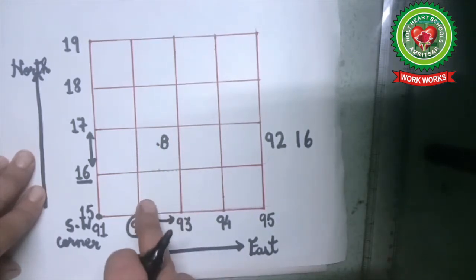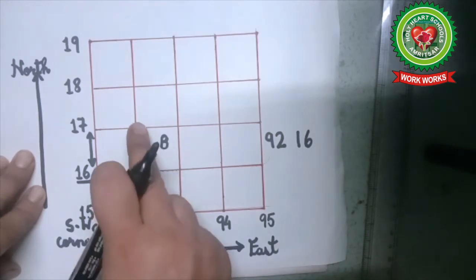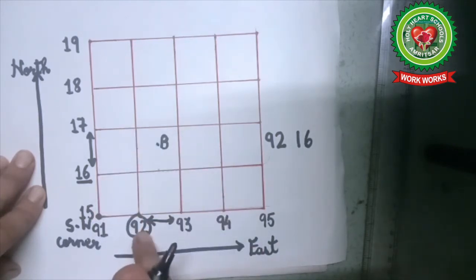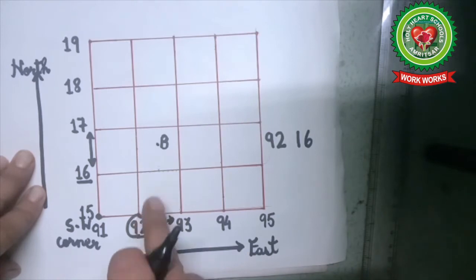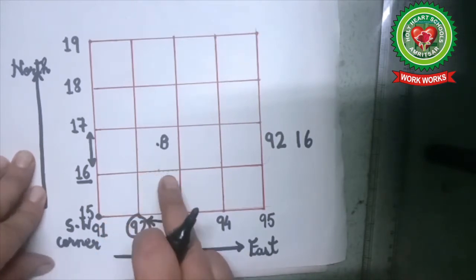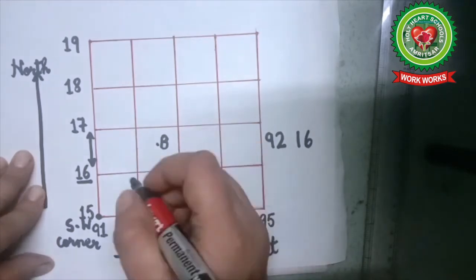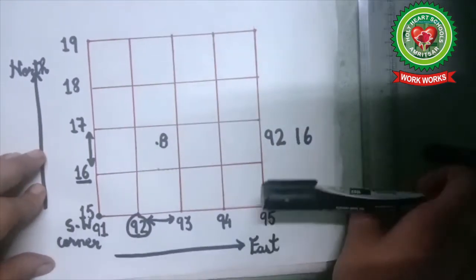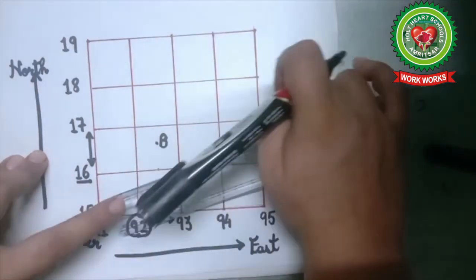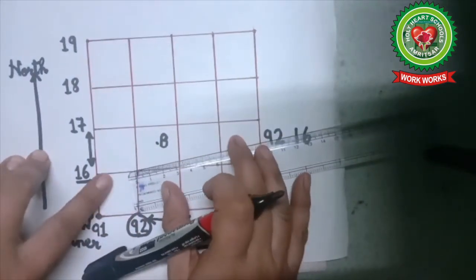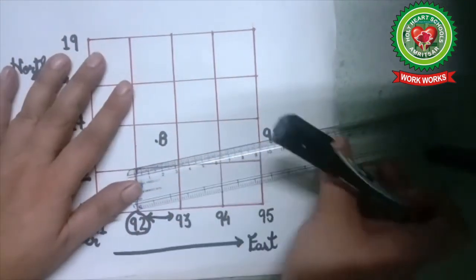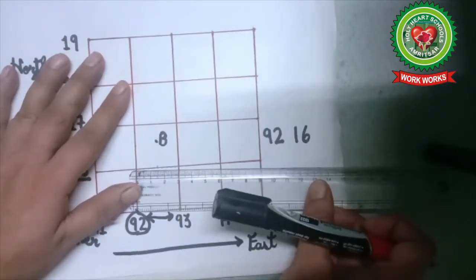That is, we will divide the grid 92 and 93 along the eastings into 10 equal parts. So let us start. First of all, for this we'll take the scale, as we know that each grid on the topographical map is equal to 2 centimeters.